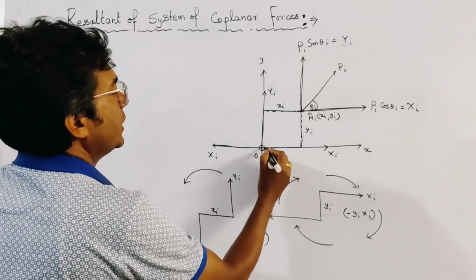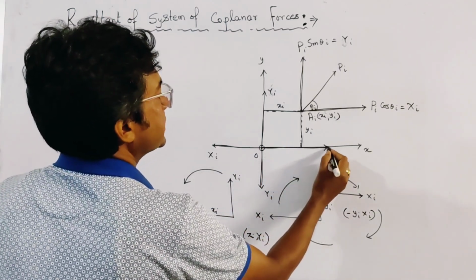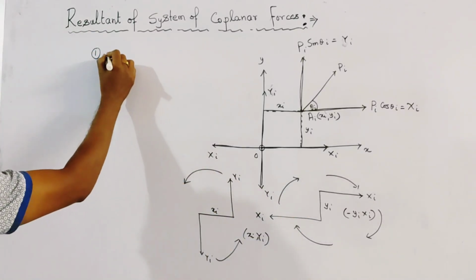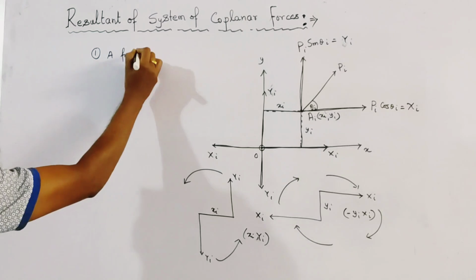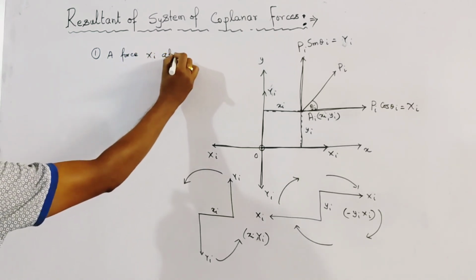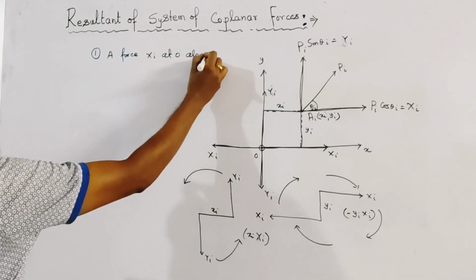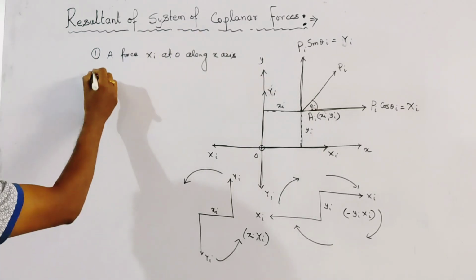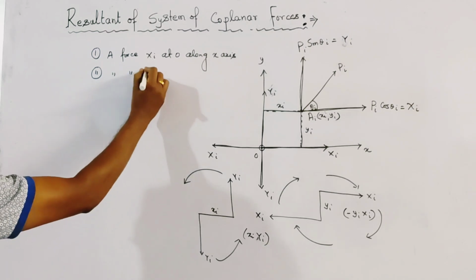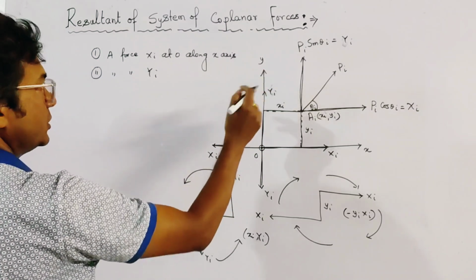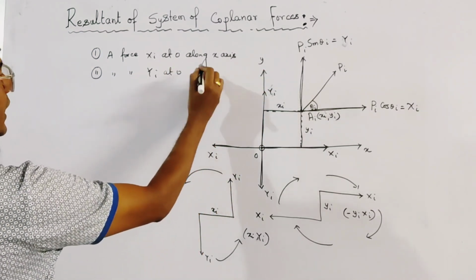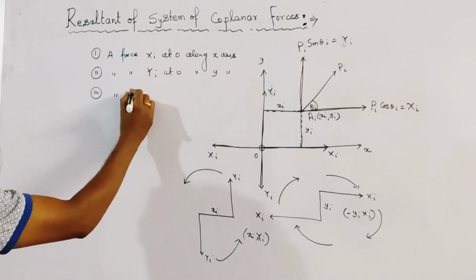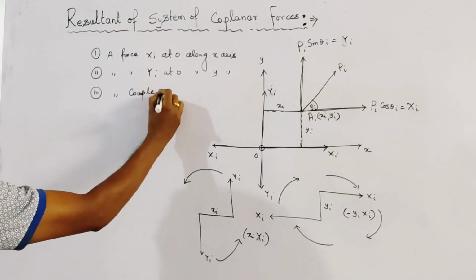At O, the first part is a force Xi at O along the x-axis, and the second is a force Yi at O along the y-axis, and the third one is a couple of moment.